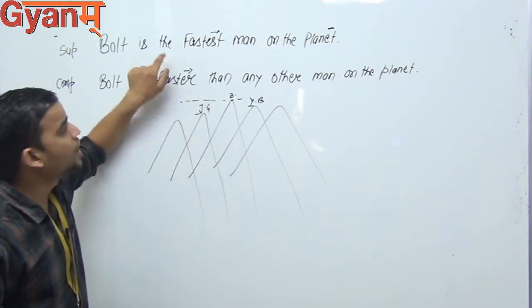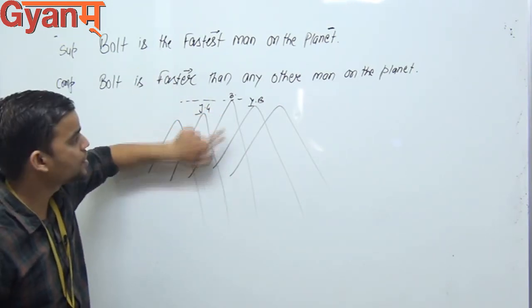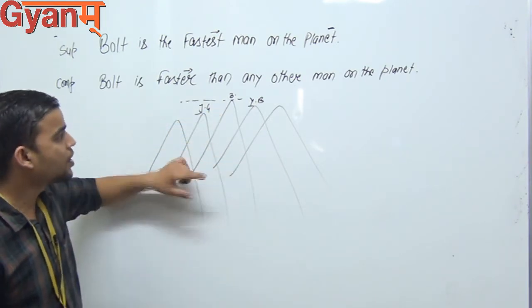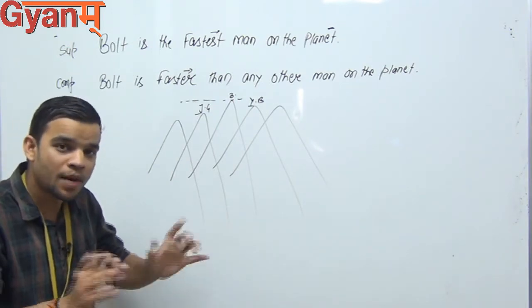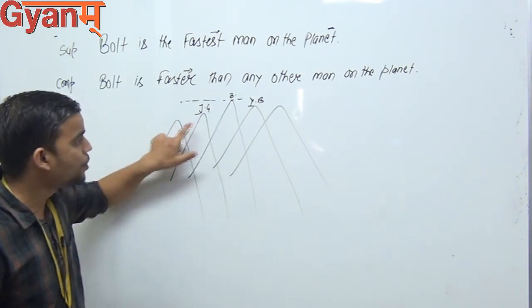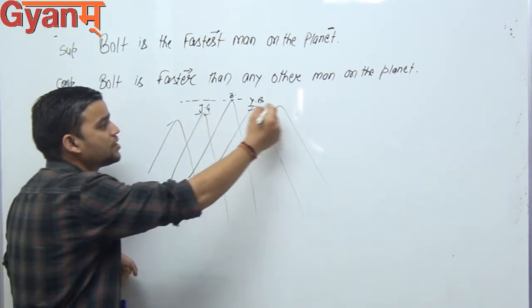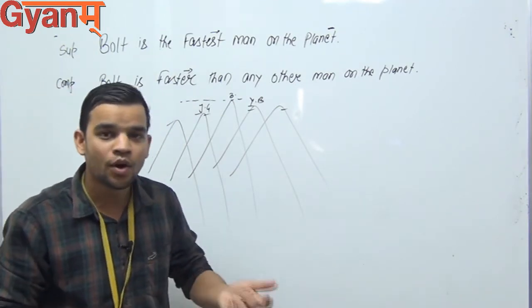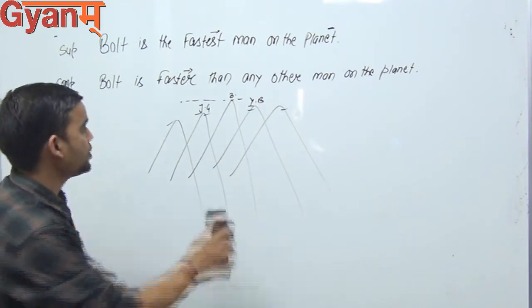So I wrote the sentence as Bolt is the fastest man on the planet, which is quite evident from the figure. If I have to say it in comparative degree, keeping the same meaning, that Bolt is the paramount among all, I say Bolt is faster than any other. So Bolt is faster than any other man on the planet. Is the point clear, I guess? So let us move further.